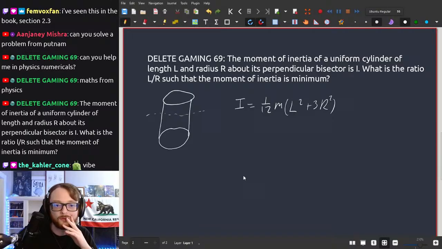Actually, does this make sense? For the minimum moment of inertia, L and R should both be 0, or close to 0. So I don't know that this makes sense either.